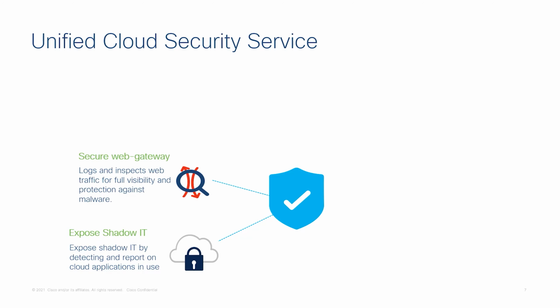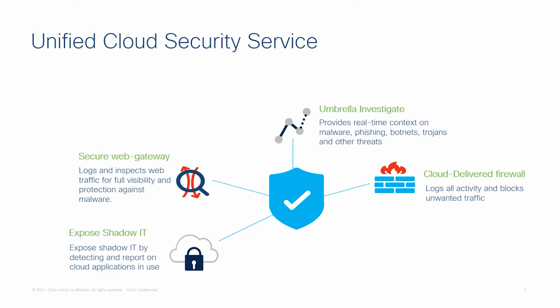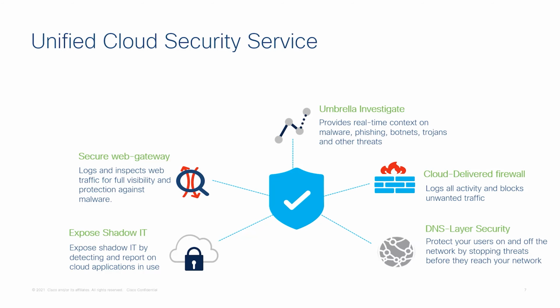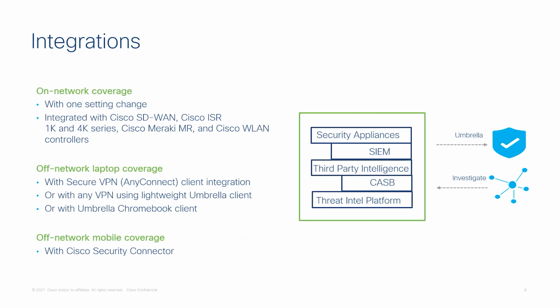The secure web gateway service logs and inspects web traffic for full visibility and protection against malware. Umbrella Investigate provides real-time context on malware, phishing, and other threats. Cloud-delivered firewall logs all activity and blocks unwanted traffic. And the DNS layer security service protects your users on and off the network by stopping threats before they reach your network.